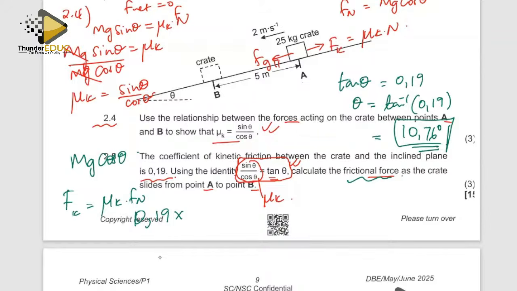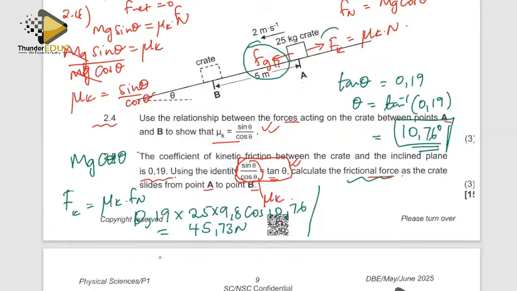The mass is 25, and then the 9.8, then the cos of 10.76. When we punch this, I'm getting 45.73 newtons. Alternatively, there's another approach that one could have used, and that is to say that Fg parallel is equal to this.